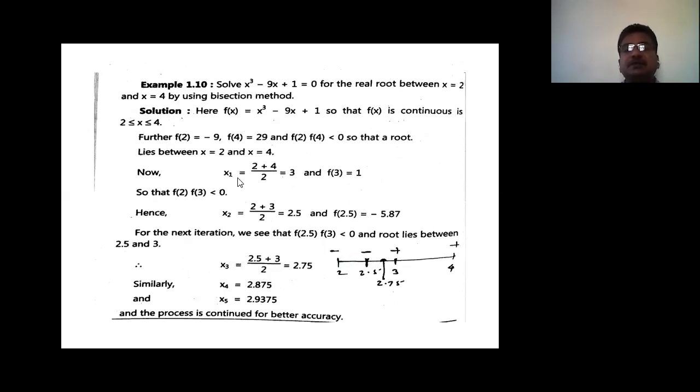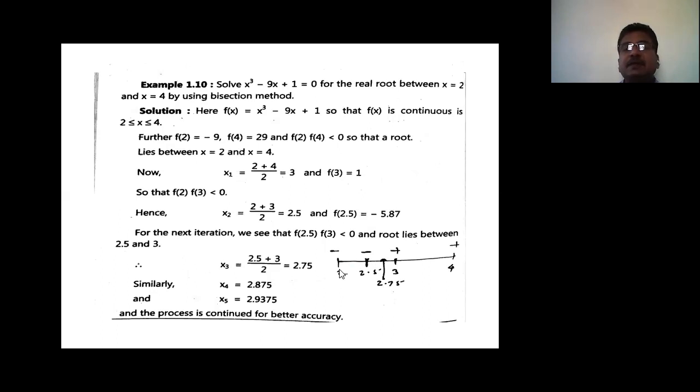And therefore x1 is (a plus b) by 2, so x1 is 3. This is the first approximation. At 3, the value of f(x) is positive.